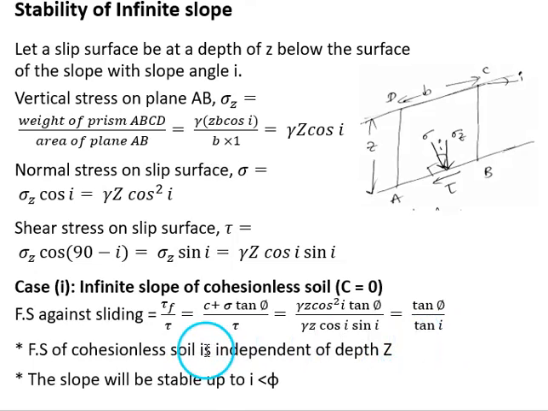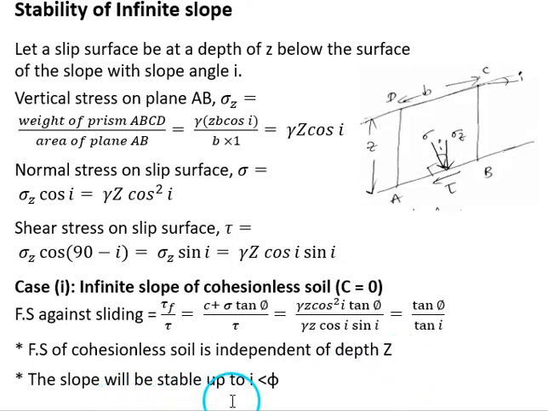If you take the shear strength of soil divided by shear stress, the numerator is gamma z cos square i into tan phi, and the denominator is the shear stress, gamma z cos i sin i. Taking this ratio, we get tan phi by tan i. So the factor of safety of cohesionless soil is independent of depth z. In this equation, z is not there.